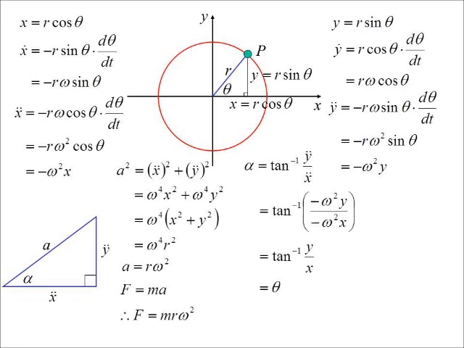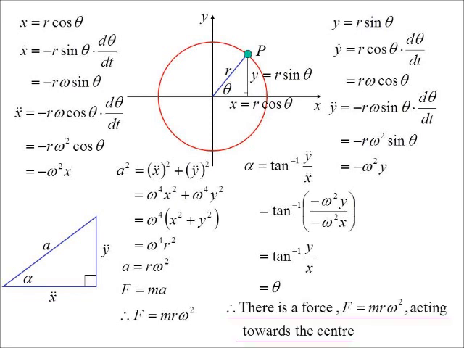If I sub into that, I get inverse tan of y on x, which, if you go back to our original diagram, must end up being theta, the angle coming from the centre. So the direction of this vector must be going in towards the centre of the circle. So yes, there is a force, m r omega squared, acting towards the centre of the circle.